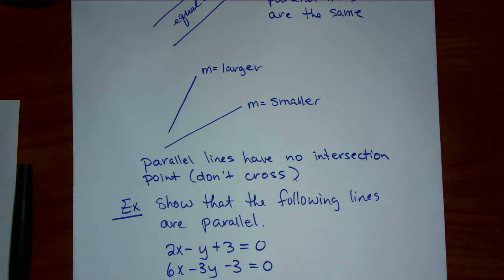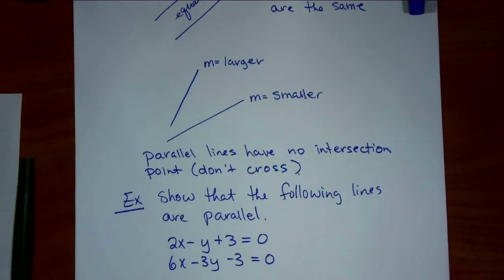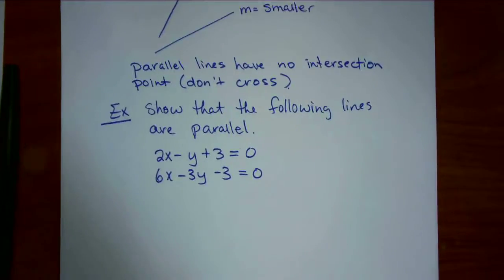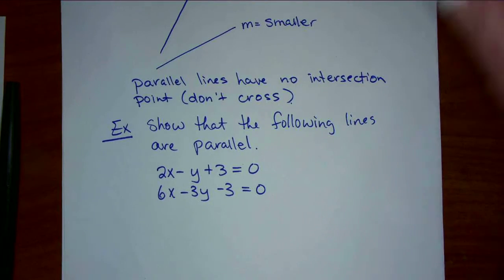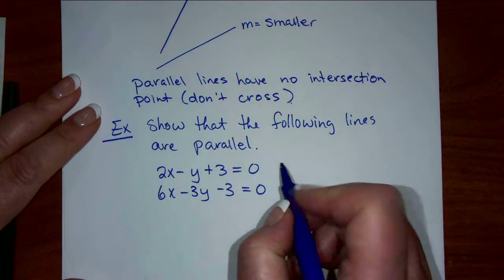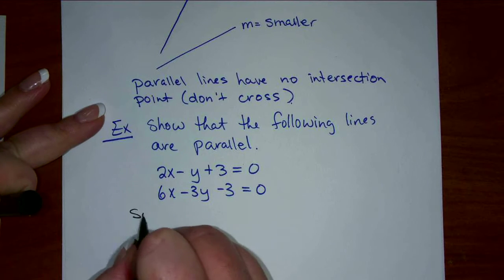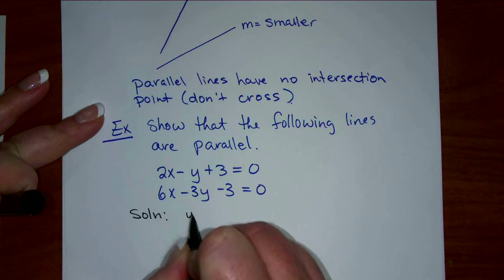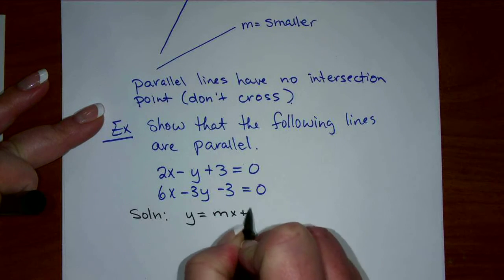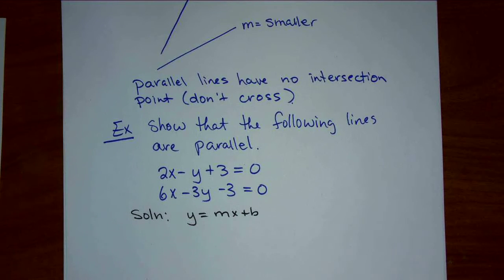I have to adjust. So we're going to write them in mx plus b form, and then we can read in front of the x. If they're both the same, then they are parallel, and if they're different, then they're not parallel.